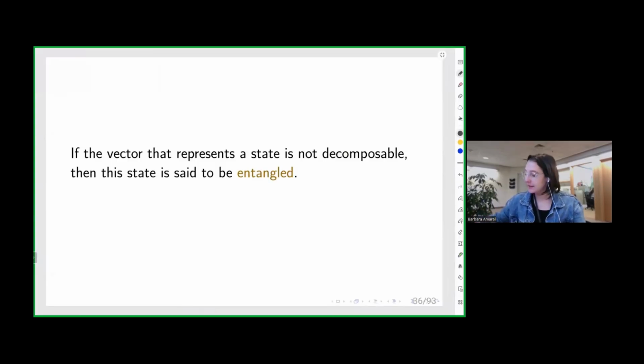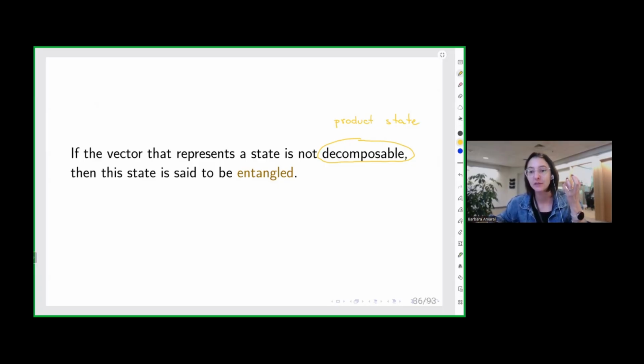Okay, so this word decomposable is what we use in mathematics: decomposable, not decomposable. In physics, we use product state, and the states that are not products, represented by vectors that are not decomposable, are said to be entangled.